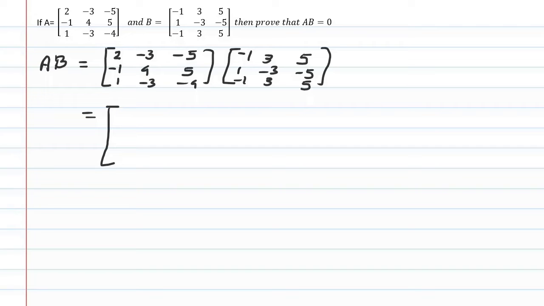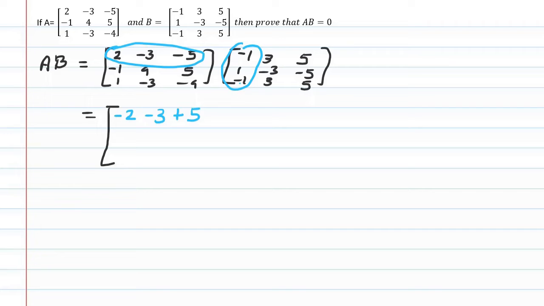I will select the first row of matrix A, and one after another I will multiply the first row with the first, second and third columns of matrix B. This is a vector multiplication, so 2 will be multiplied with -1 and this will give me -2. -3 will be multiplied with 1, which will give me -3, and -5 will be multiplied with -1, which will give me plus 5.